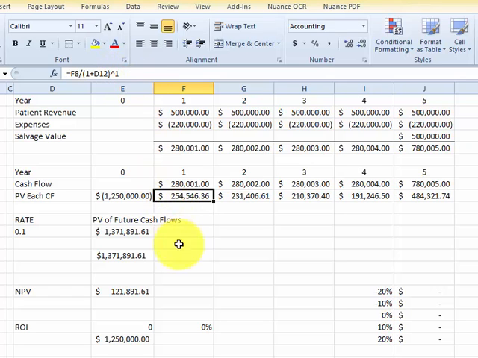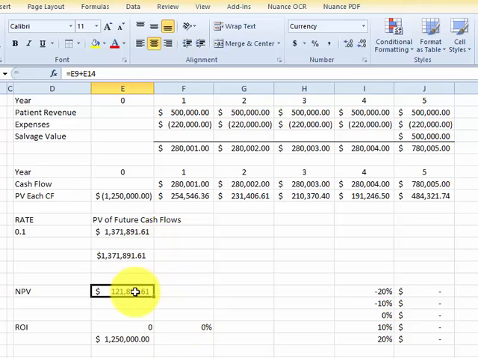And I did this by the wonderful easy formula method. There is a wonderful way to do this with Excel that has a built-in formula that will easily digest all of these uneven cash flows and come up with a single number for you. So that's my double check, the built-in formula that Excel has.